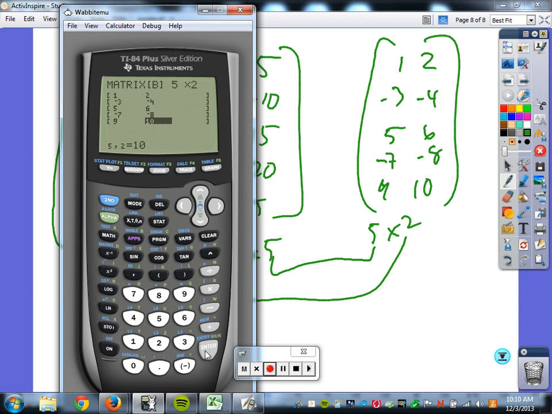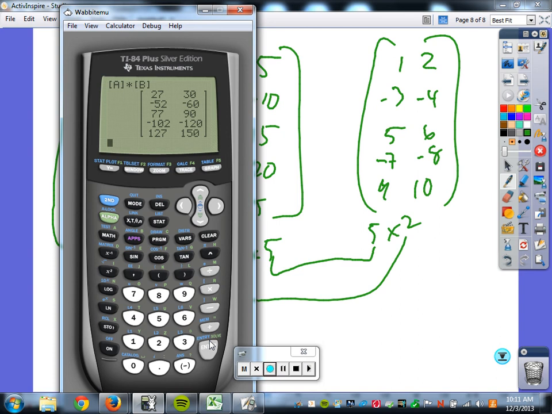Get out of it. After you're done, now go back into matrix. Grab matrix A and times. Go back into matrix and grab matrix B. And there it should be.